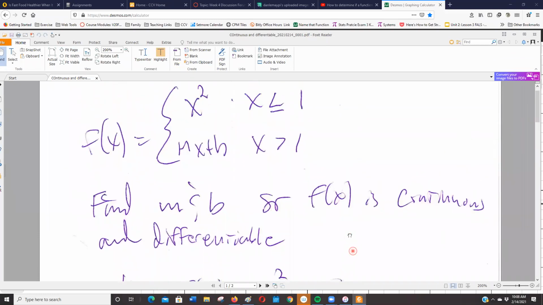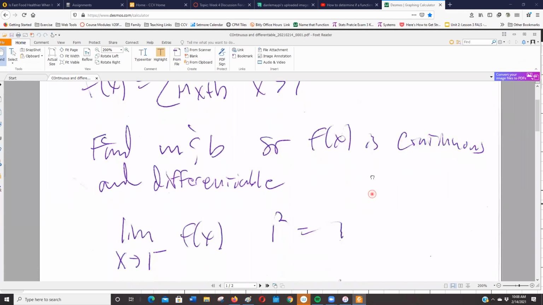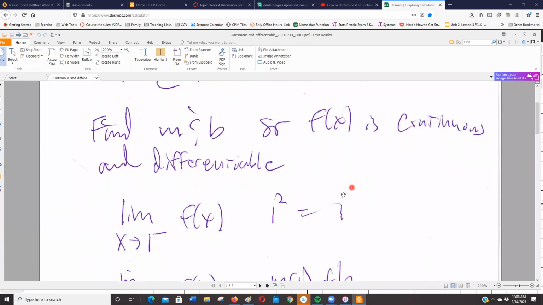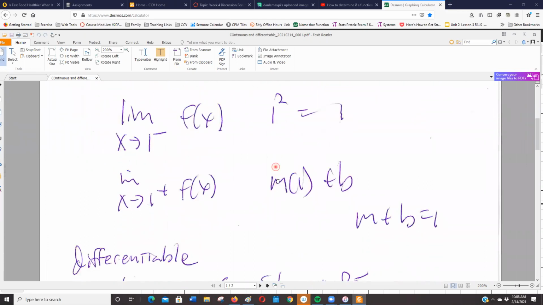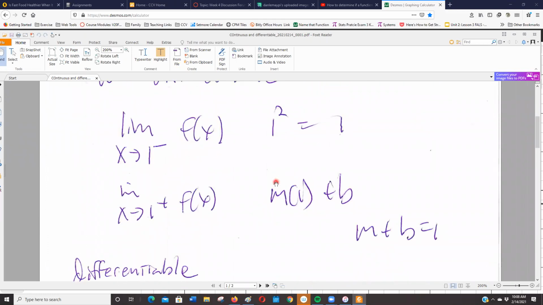Okay, so we could play around with that graph a little bit, but sometimes they're going to give you crazy functions, and will they graph? Yeah, they'll probably graph, but what you want to do is show this. So what's got to be true in order for a function to be continuous and differentiable? Well, first off, to be continuous, the whole definition of continuity. And I'm going to ask you this on a test, you're going to have to show me that a function is continuous.